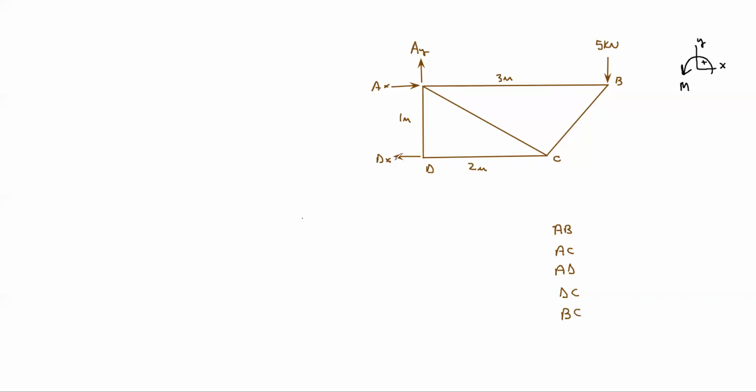So this plane is up and down, so the reaction would be horizontal. That's why I have only a DX and no DY. And so we'll start with that. There's my problem statement.